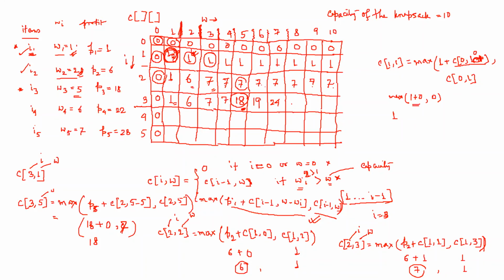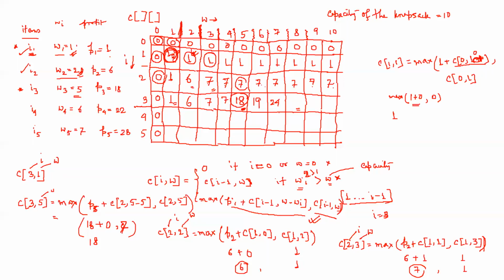Now, if the capacity of the knapsack is 8, what will be the value here? I will choose all the items, item 1, 2 and 3, so the total weight is 8.